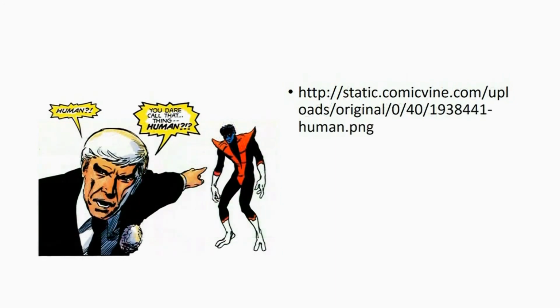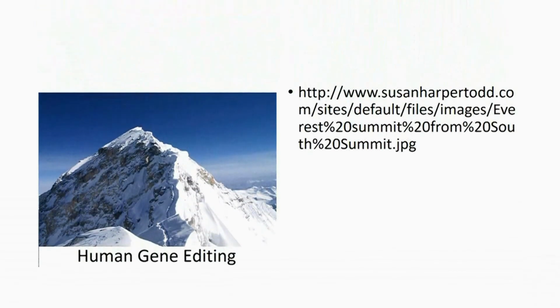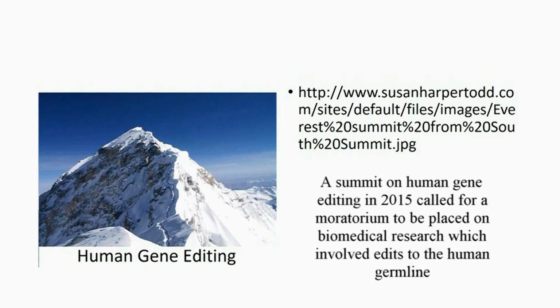When editing genomes, the CRISPR-Cas9 technology has also been known to produce mutations in target cells, which can result in the death or transformation of cells. This occurs when the nuclease is overly productive and cleaves unintended sequences, or is inefficient and fails to do so. In December 2015, a summit on human gene editing called for a moratorium to be placed on biomedical research which involved edits to the human germline.